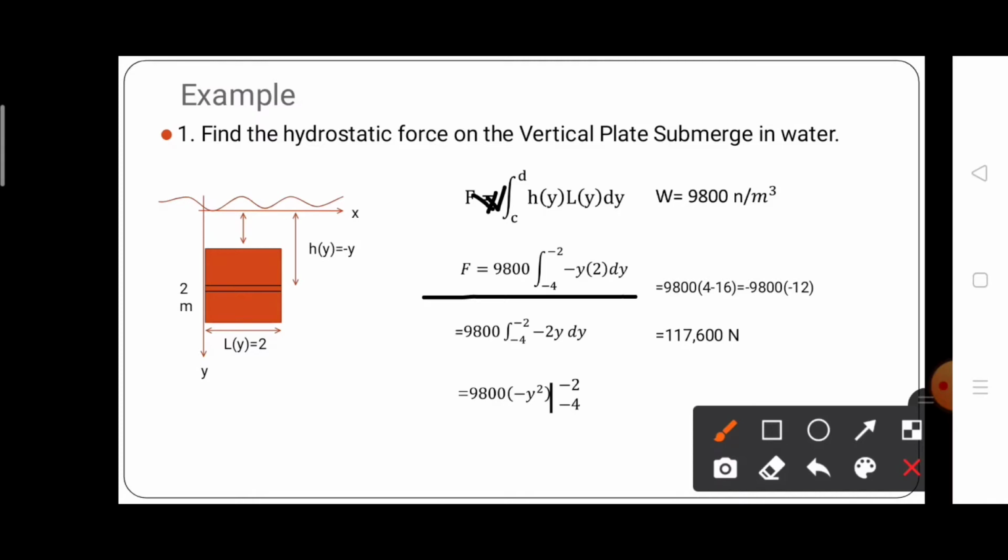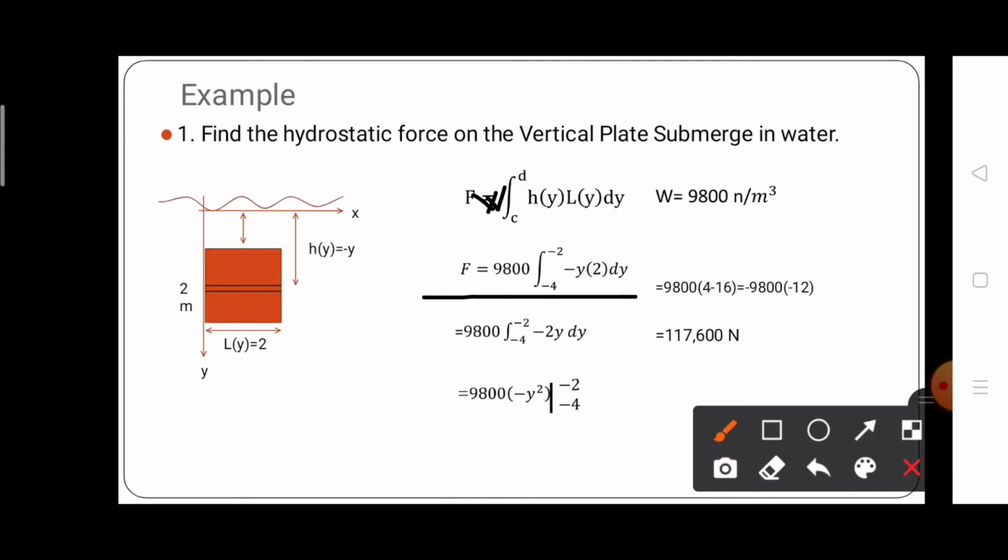Substituting, we have the weight density, which is 9,800 because we use meters, times the integration from -4 to -2.